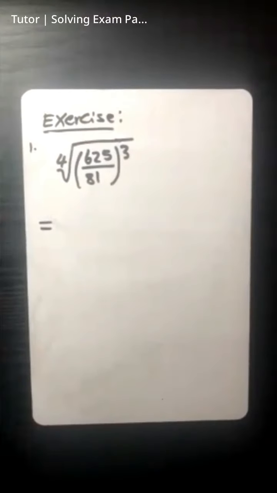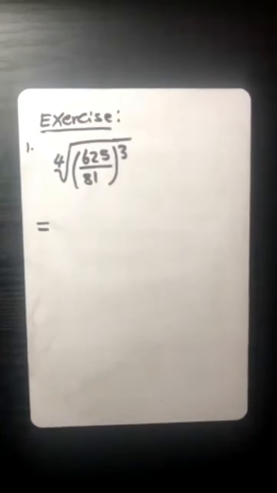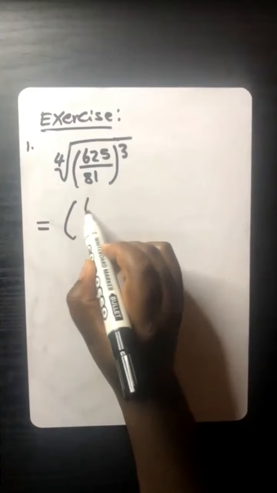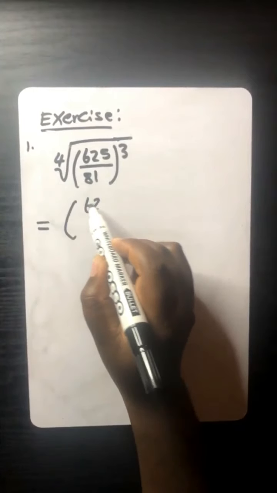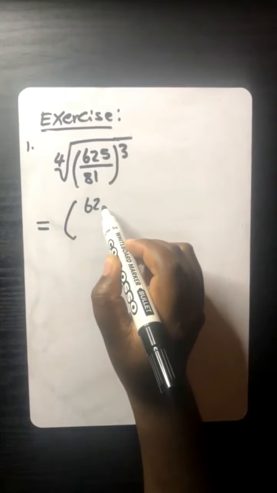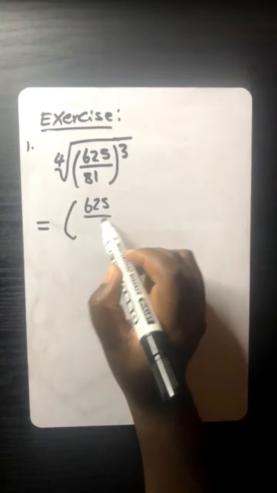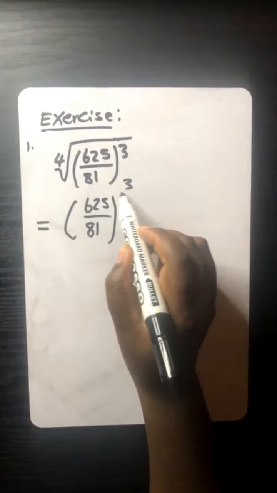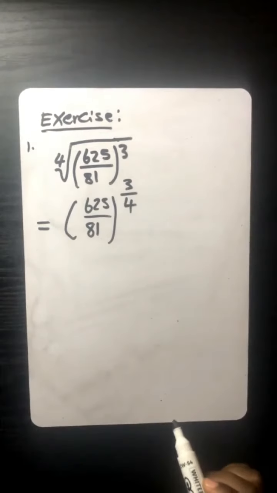It's going to be 625 over 81, all raised to the power 3 over 4. Ladies and gentlemen, applying one of the rules, this is the same as 625 divided by 81, in brackets, to the exponent 3 over 4.